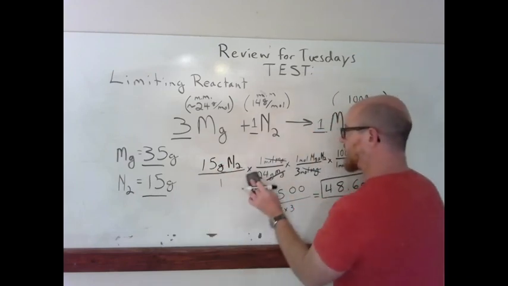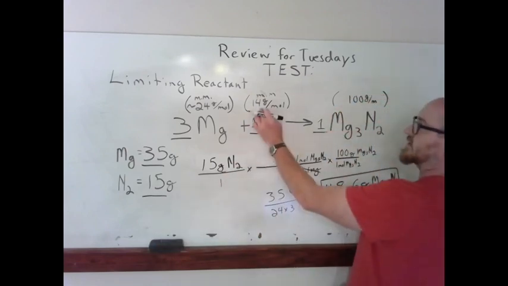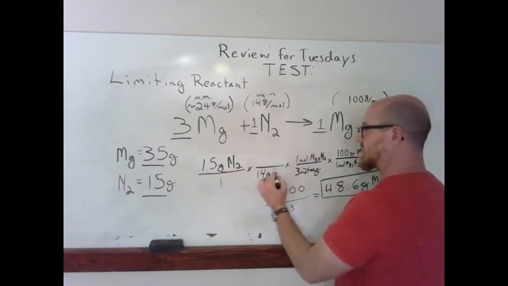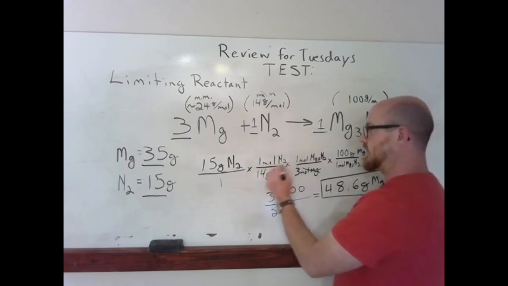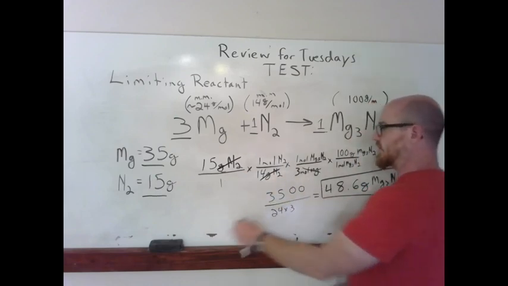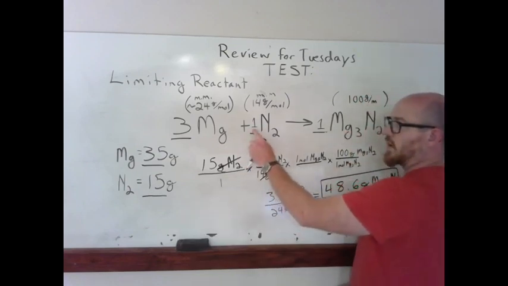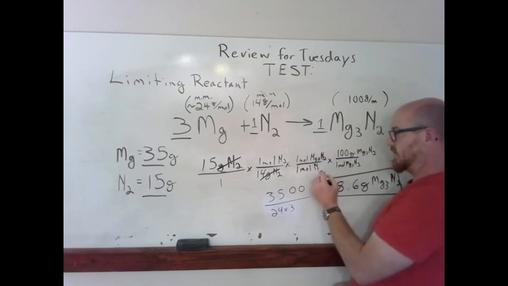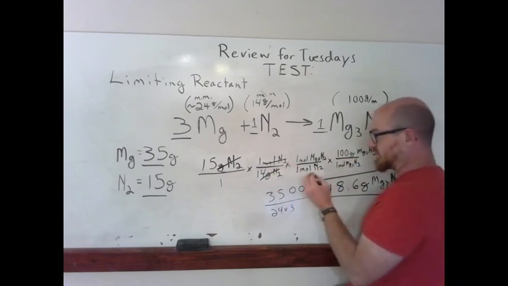Now, I know that nitrogen gas is 14 grams per mole, so I divide by the molar mass. 14 grams of N2 is going to be 1 mole of N2. The grams will cancel. Now, the last thing we need to change is that we only have 1 mole of N2. With that said, we do cancel our moles.